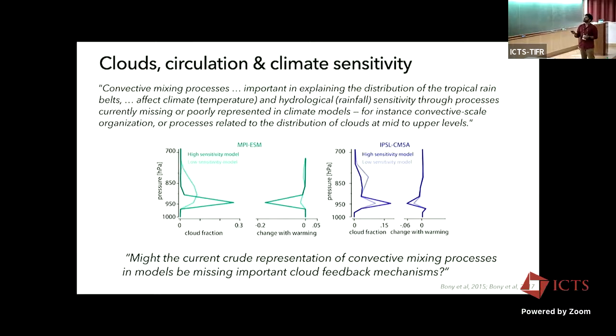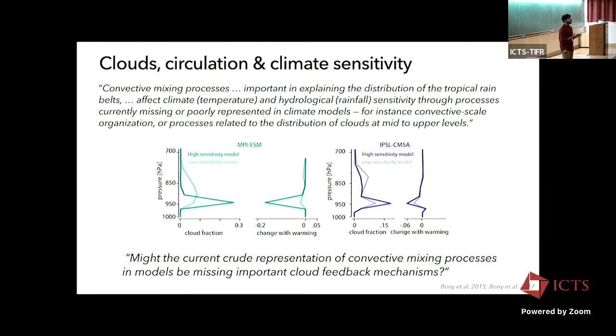And one example of seeing how the difference in the way that these convective mixing processes are represented can lead to differences in climate sensitivity is shown here. So we'll just look at the left half first. MPI-ESM is a climate model where they tried to run it in two configurations, high sensitivity and low sensitivity.